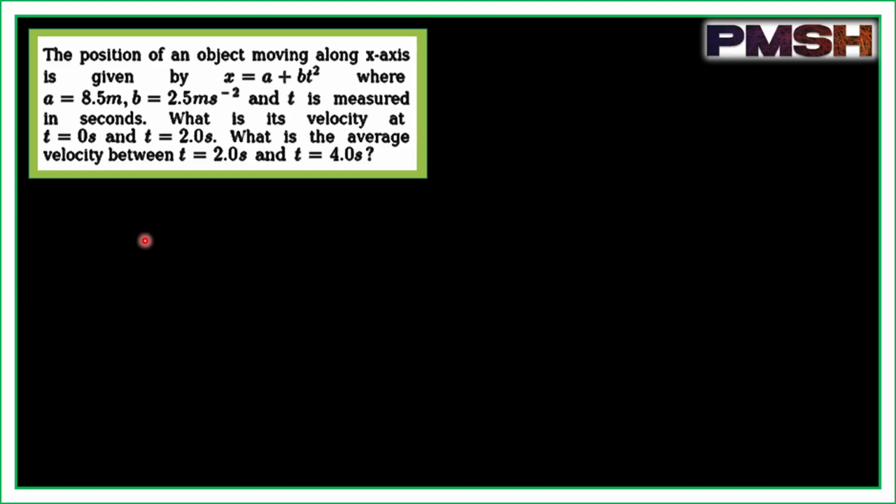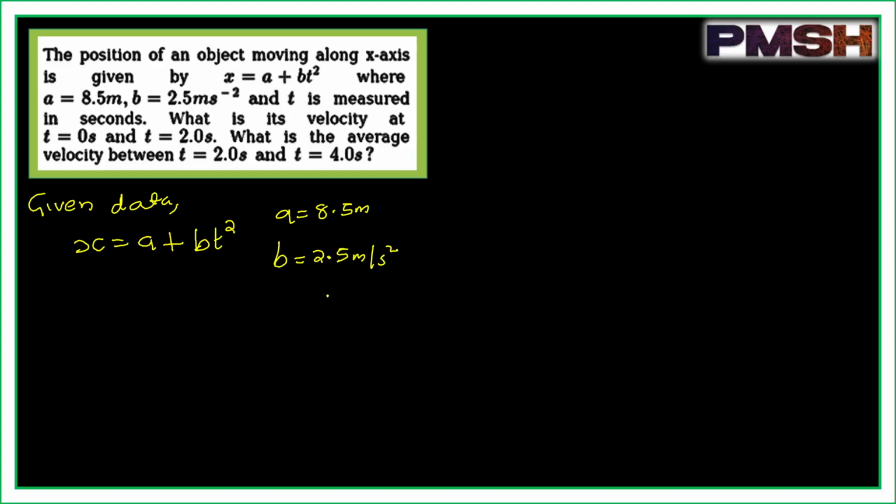So let's write the given data. The expression for displacement is given to be a plus bt square, where a is given to be 8.5 meter, b is given to be 2.5 meter per second square.